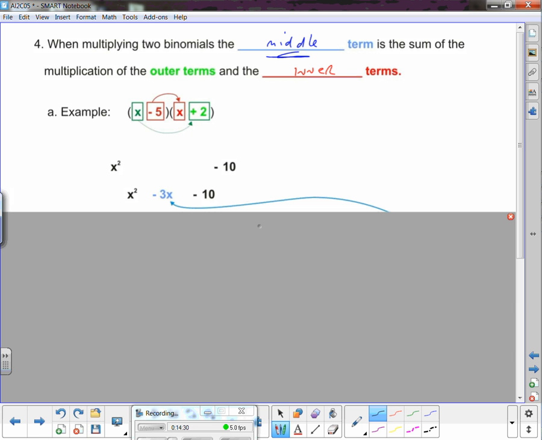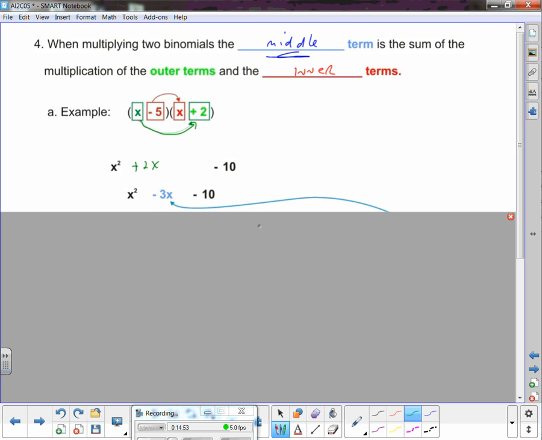All right, if we were multiplying this binomial times this binomial, first thing we would do is x times x. And that's going to be this x squared, right? Okay. So the next thing we would do is take this x and distribute it to positive 2 and get a positive 2x, right? The outer terms would be a positive 2x.